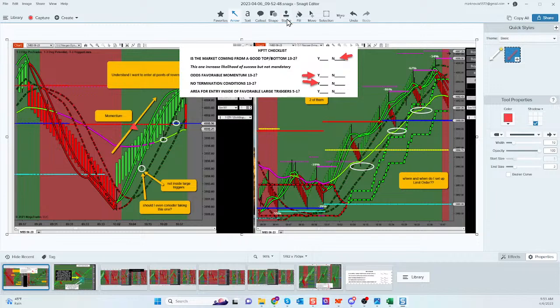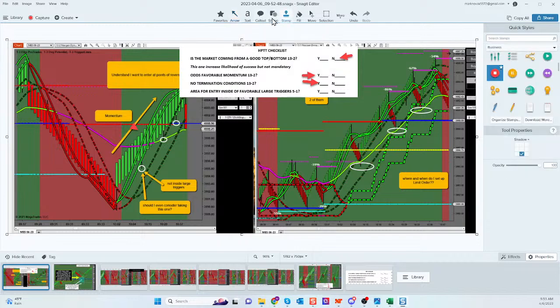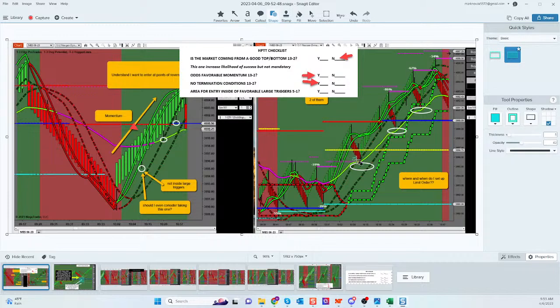And then let's do the window of opportunity together. This is the top of your triggers, and this is the bottom of your triggers. That's a pretty big gap, isn't it? But Folger, this is the only area inside of them, right? That's the only area inside of favorable large triggers.